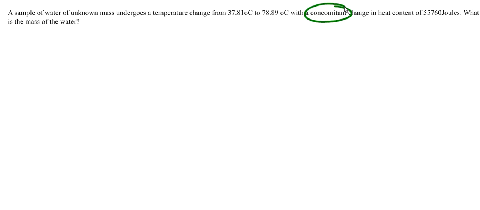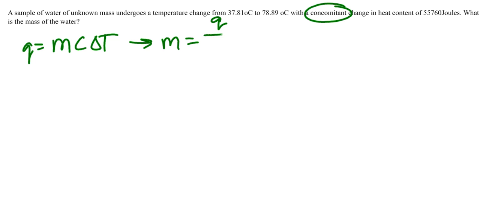I want to know what the mass is of this sample. So the mass of water. Well, Q equals mc delta T. I rearrange this equation to end up looking for mass. Mass is equal to Q divided by c delta T. Okay?